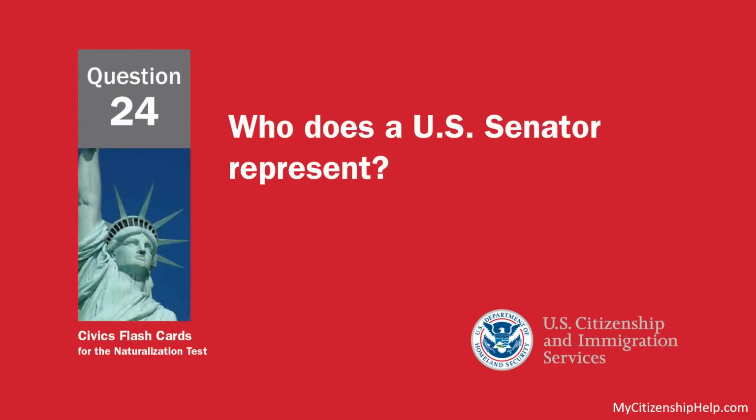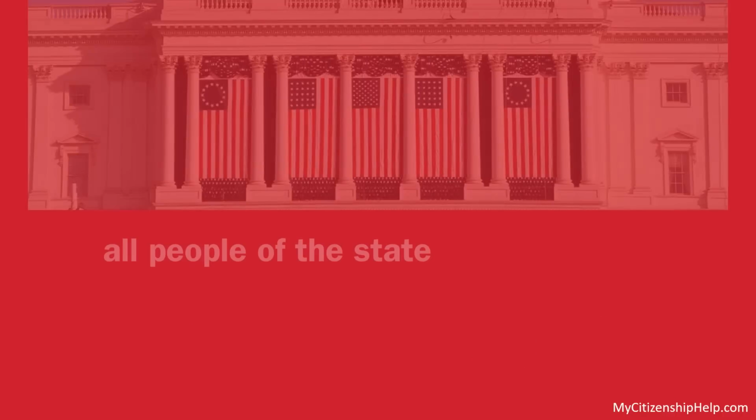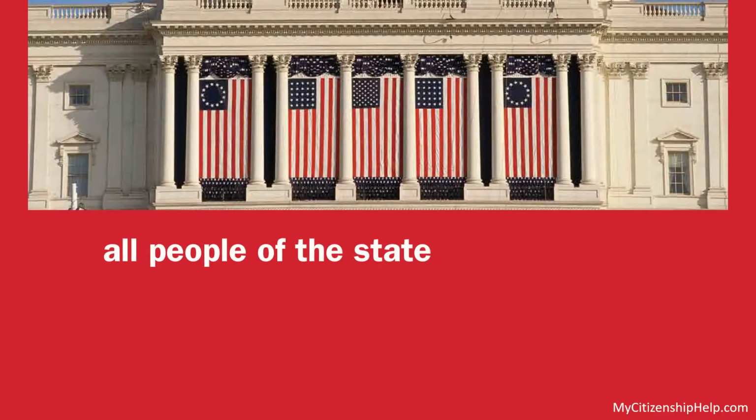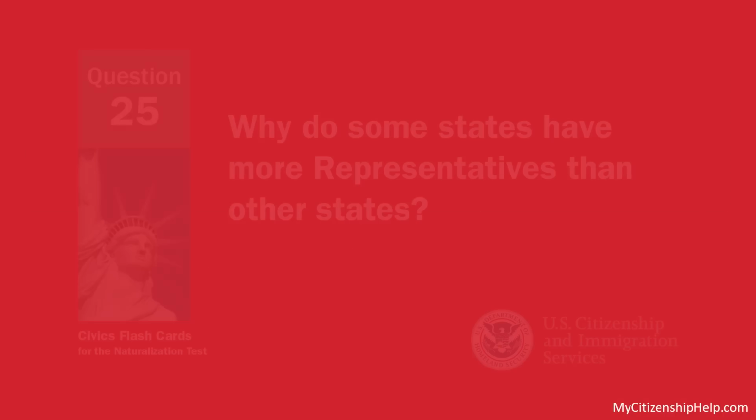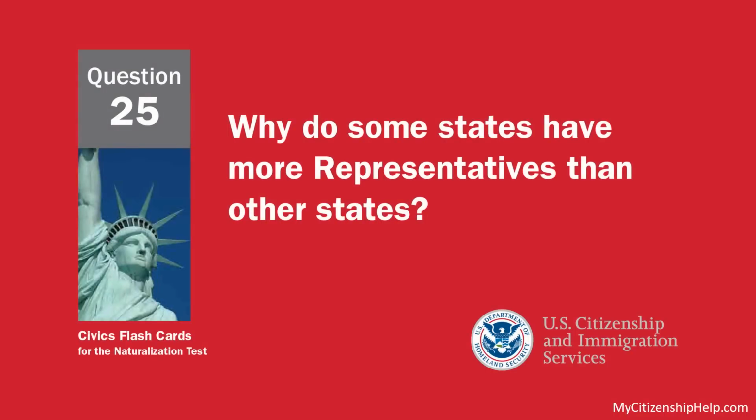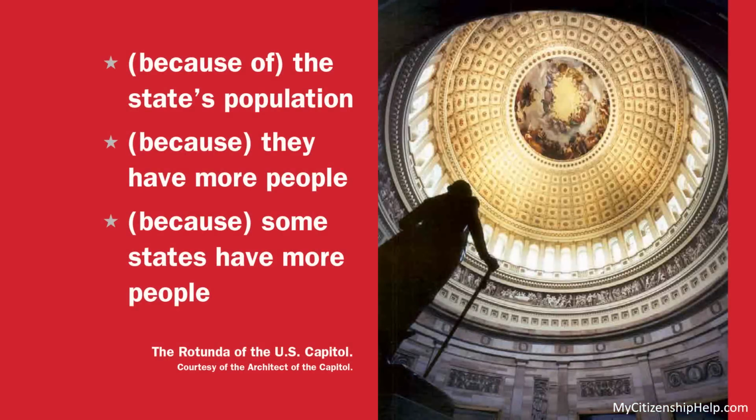Who does a U.S. senator represent? All people of the state. Why do some states have more representatives than other states? Because of the state's population. Because they have more people.